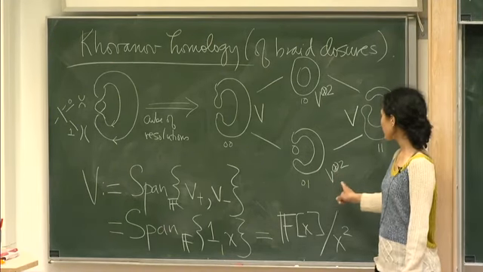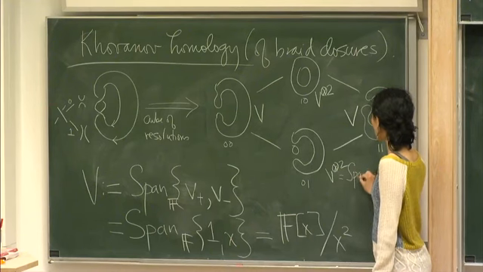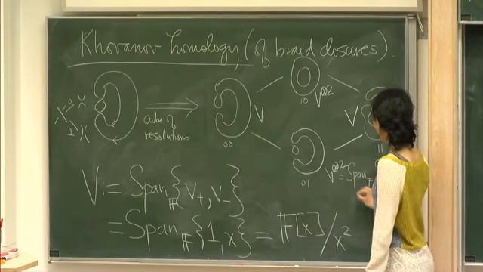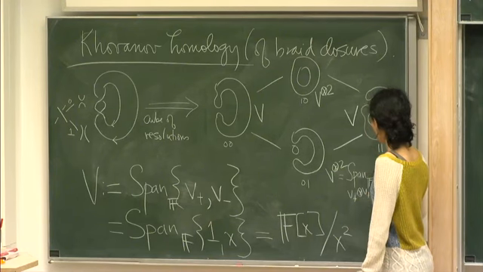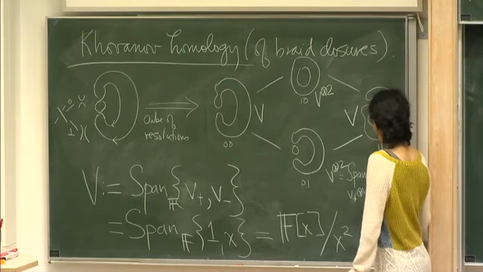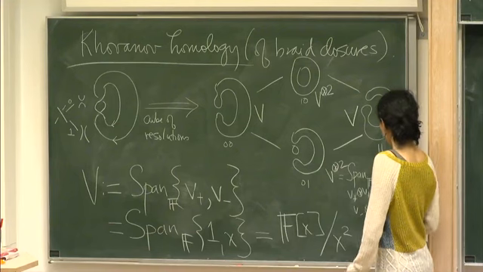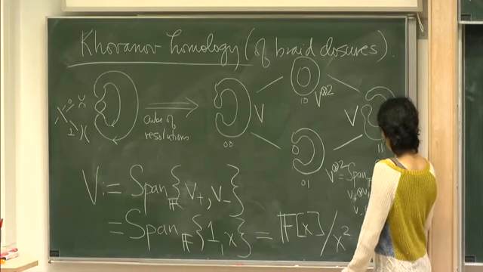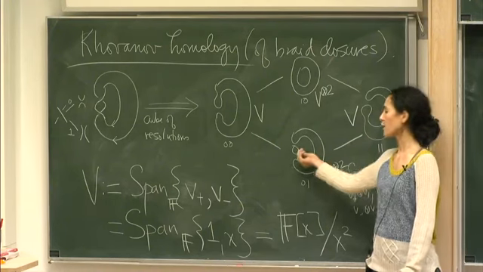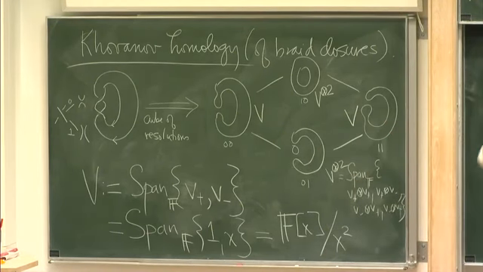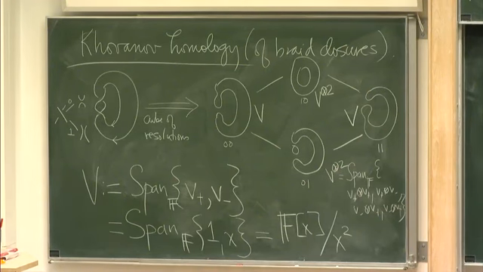So V tensor 2, if you now number the components, this is really the span of V plus tensor V plus, V plus tensor V minus, V minus tensor V plus, and V minus tensor V minus. Which you can and should really think of as coloring the components of the resolution with either a V plus or a V minus, one of these distinguished basis vectors.